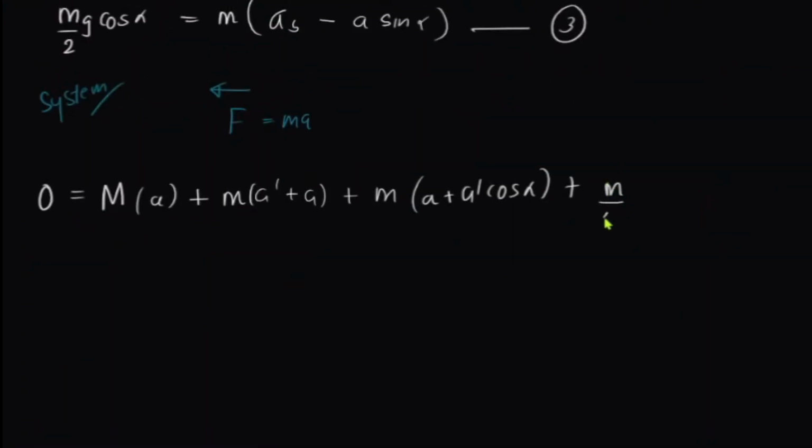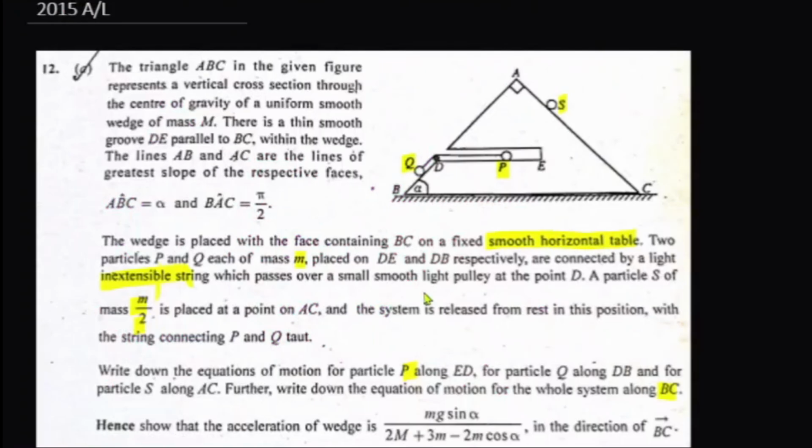The mass of S is m over 2. Acceleration in this direction is A minus A sine alpha, right? So this is the fourth equation. These are all the equations that they are asking, guys, right? And hence, out of these four equations, you need to solve and find the acceleration of the wedge.